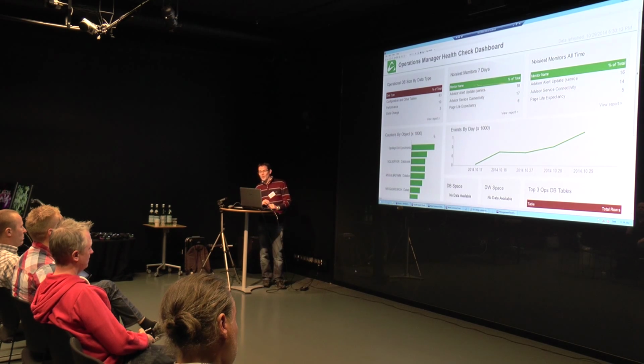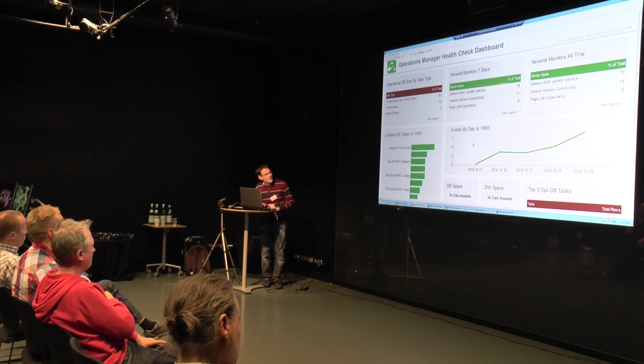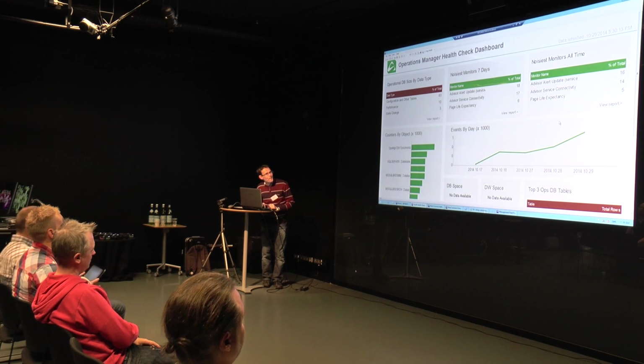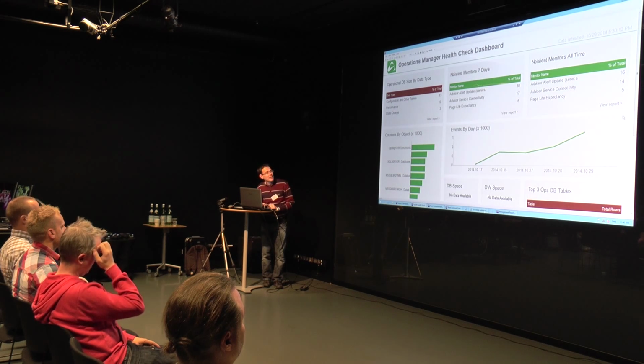The performance counters, I do have quite a lot of these things. Data warehouse synchronization. Also have some SQL Server things. The events that I'm generating per day, not that many. But you see that the trend is going up.